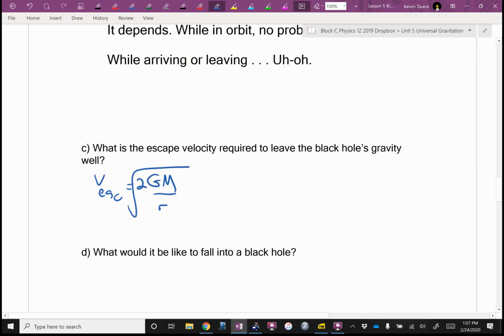That's escape velocity. What do you get? If you just backspace, I bet you already have the big G, the big M, and the R already typed. You can probably just delete the squared and times by 2 and then square root that answer. It's going to be big.